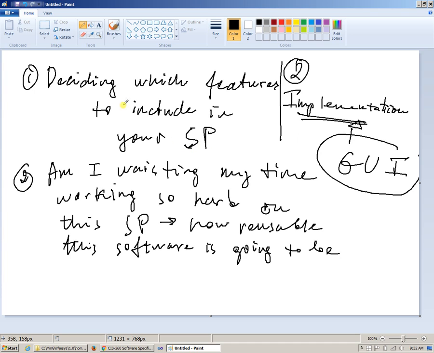Well, I think the solution to this challenge, essentially deciding which features, is the quality of functional specification. Functional specification is basically a description of what the system will do, and therefore it includes all features that the system will provide, right?